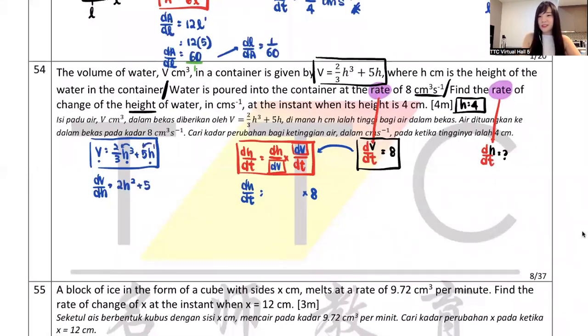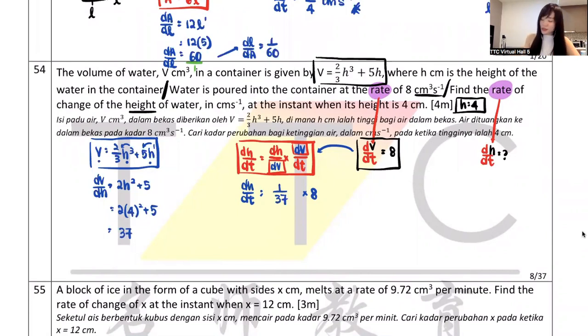Minus 1, no more H. After that, we sub. What is the H? 4. Sub inside, press calculator: 2 times 4 squared plus 5, 37. dv dh is 37, so dh dv is 1 over 37.